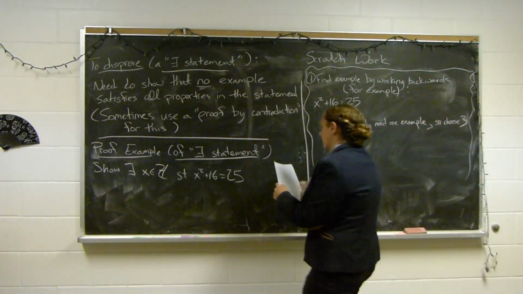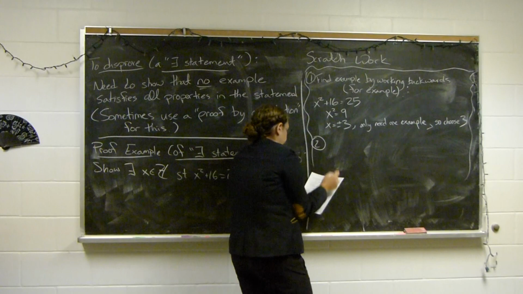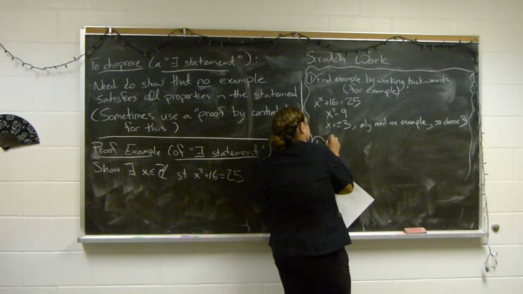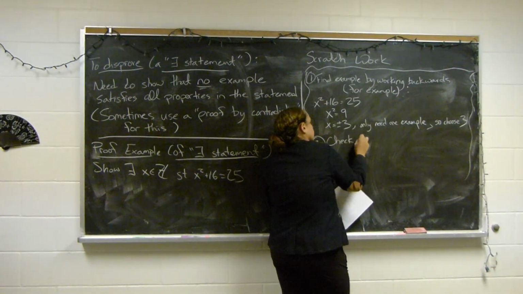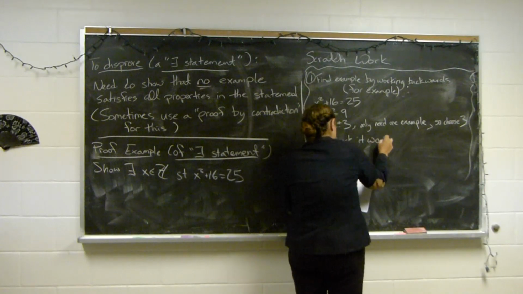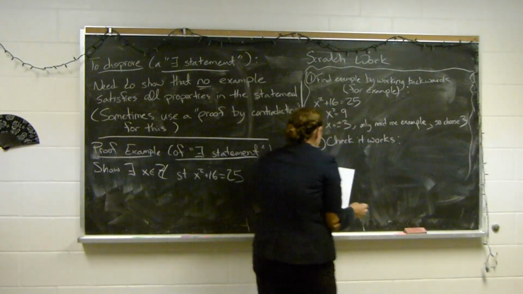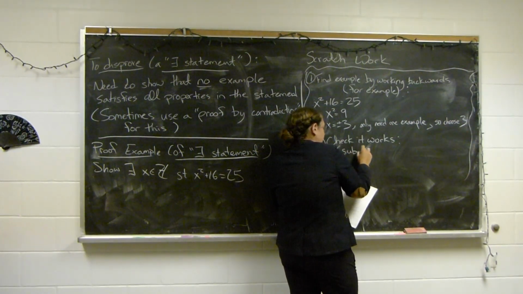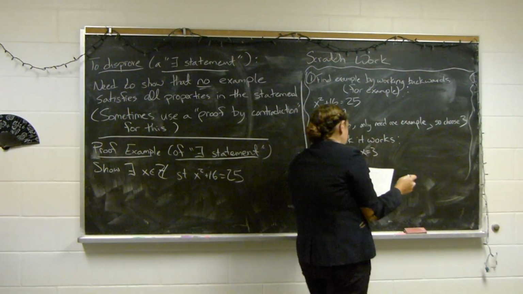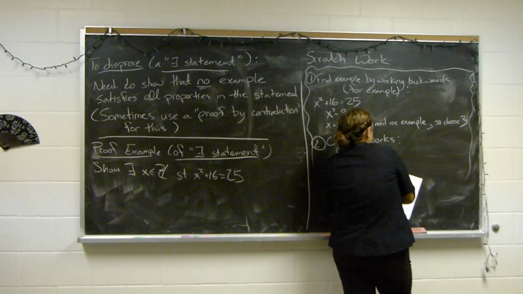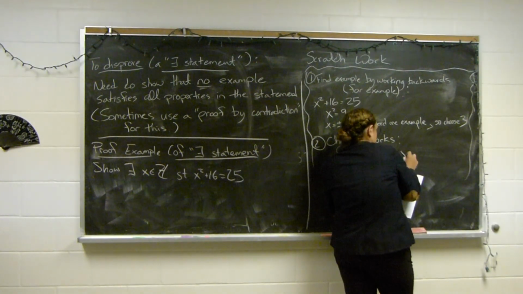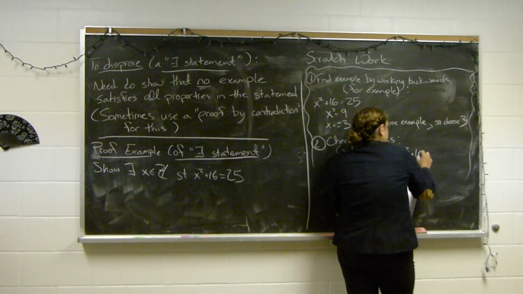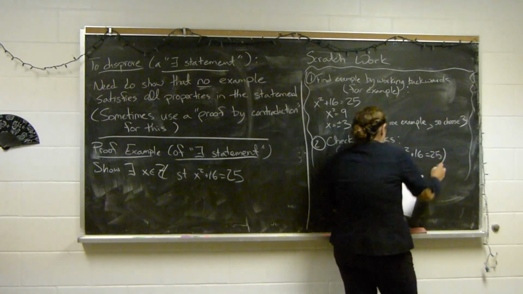Okay, so let's check that it works. How do I check that it works? Well, it has to satisfy the equation, so I substitute x equals 3 into x squared plus 16 equals 25.